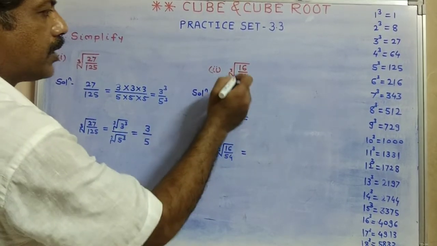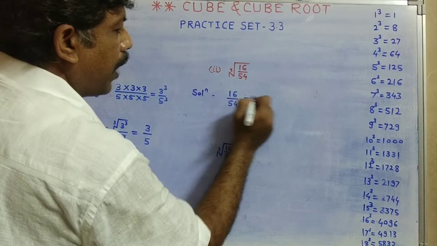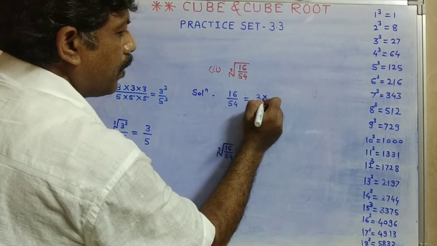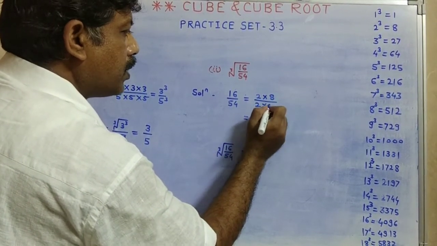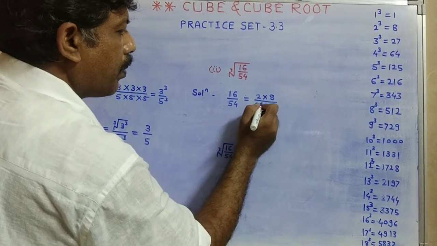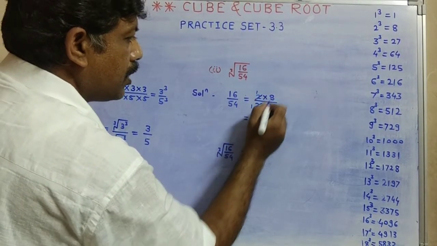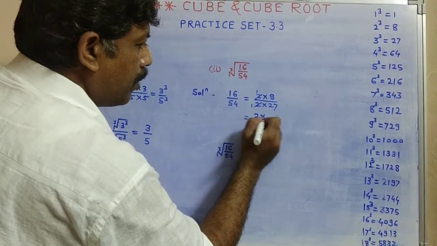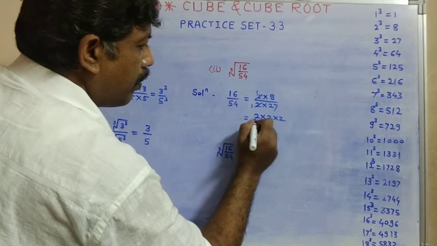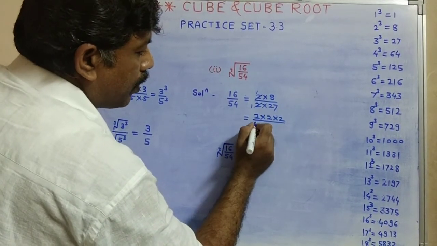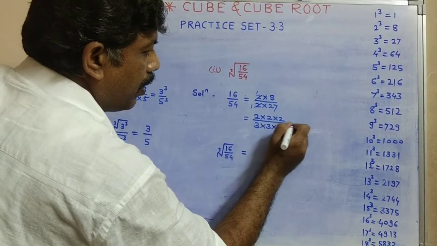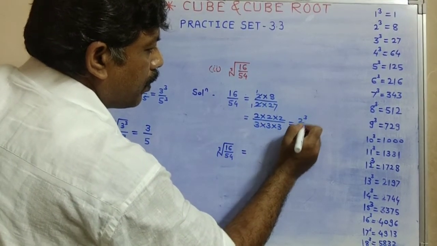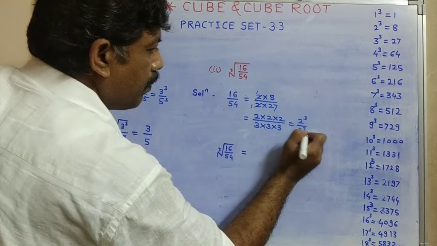Now there is this second example, you have to simplify. Now factorize it, that is 2 into 8 will be equal to how much? 16. 2 into 27 will be equal to how much? 54. 2 ones are 2. Cancel this. 8 means 2 multiplied by 2 multiplied by 2, that is 2 cube. 27 means 3 cube, 3 multiplied by 3 multiplied by 3, so it will be equal to 2 cube upon 3 cube.